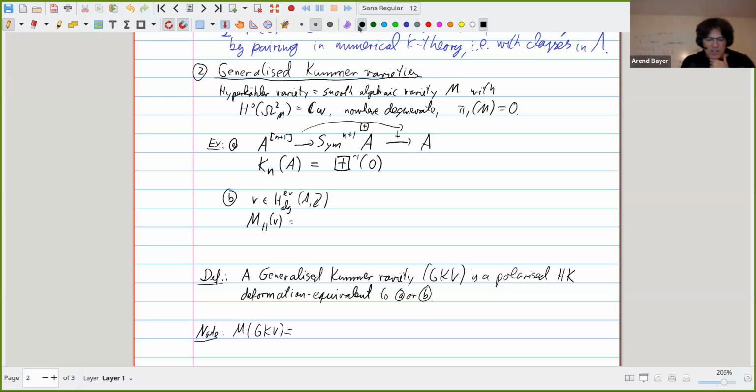And there's a generalization of that, which I want to mention for completeness. If you pick an algebraic class v in the cohomology of A, and let's say that it's primitive, and let's also say that it has square greater or equal than 0, then I can look at the moduli space of stable sheaves.